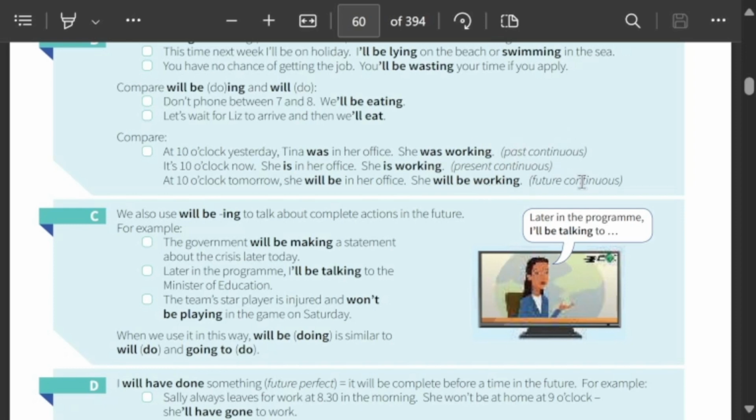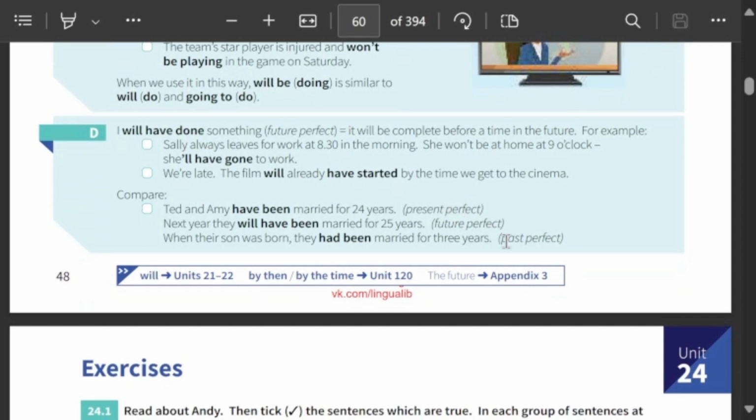Now, this is the continuous. Now the perfect, you see? Present, future, past, you see? Present, for example, Ted and Amy, right now, they have been married for 24 years. You see, they have been married. Remember, the present perfect can be used for something that has just finished or that is still going on.